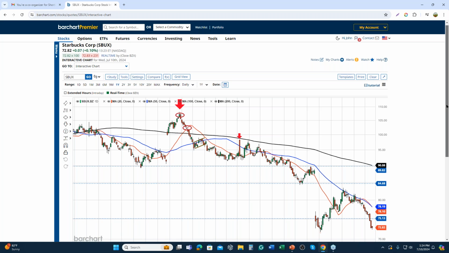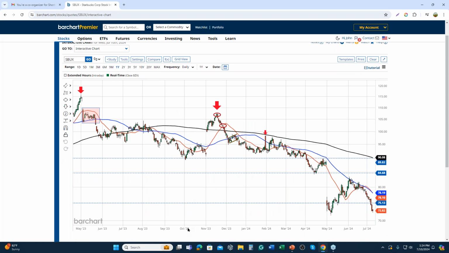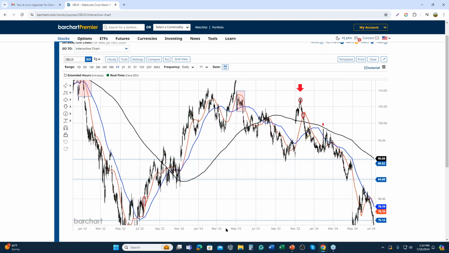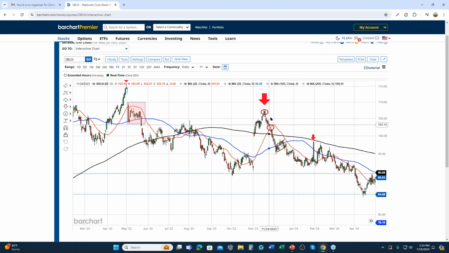And here's Starbucks, and let me squeeze this up a little bit here. And there you can see our twins, right? This parabolic move. And again, maybe not a great opportunity to short, but certainly that information that we're going to gain from here as price breaks down.